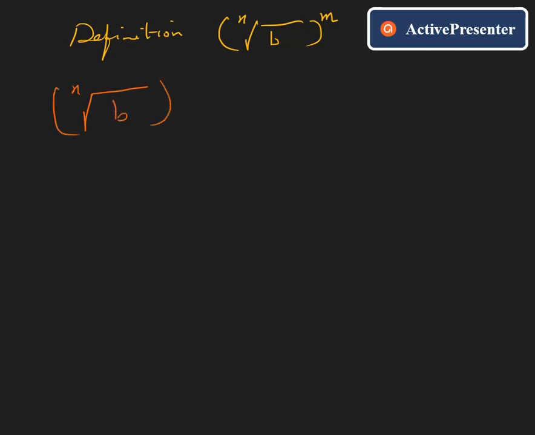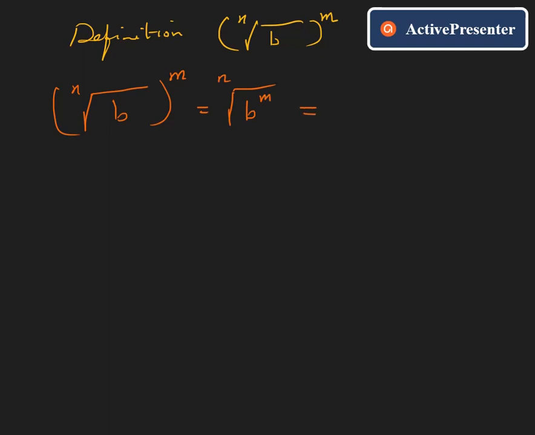Let's now take the definition of the nth root of b all to the power m. The definition says that it is equal to the nth root of b to the power m.